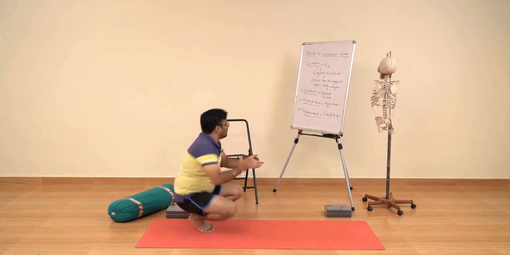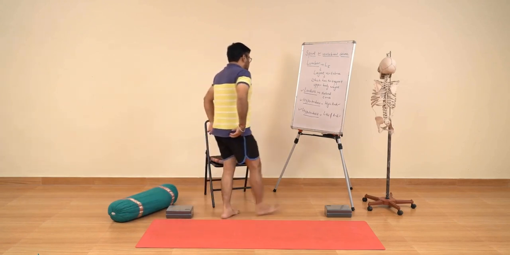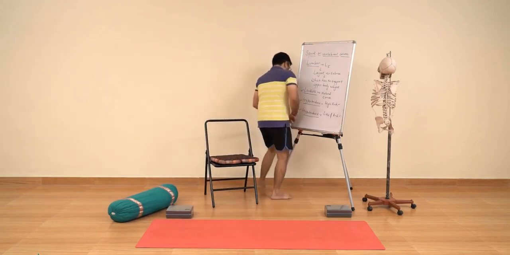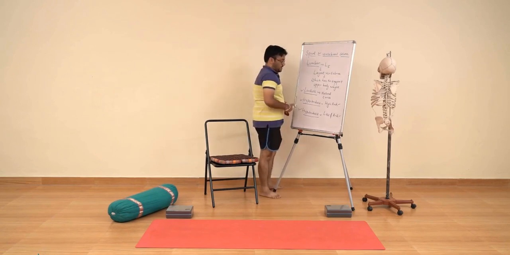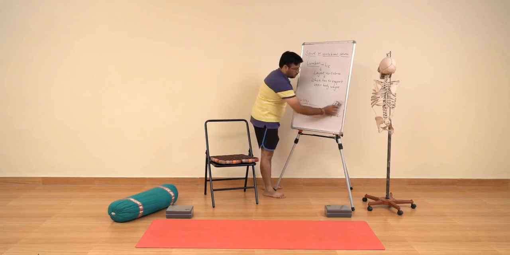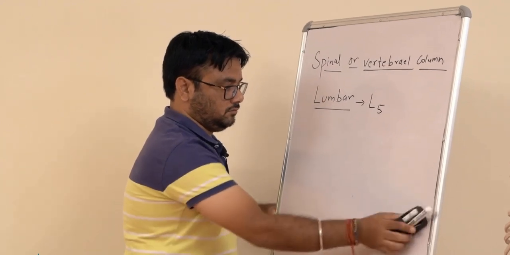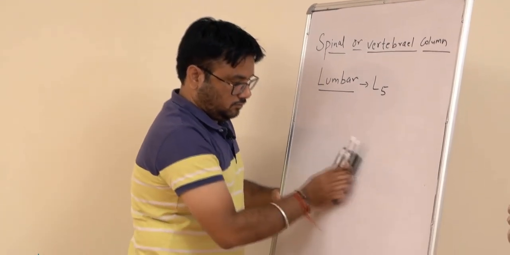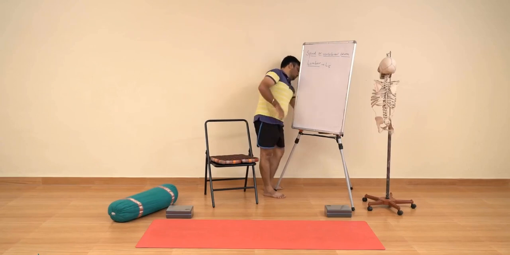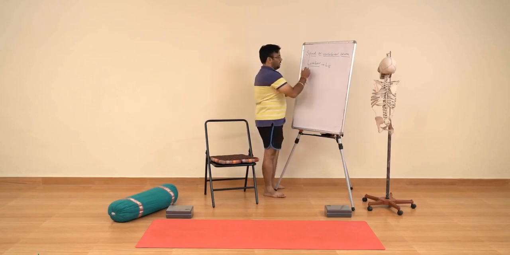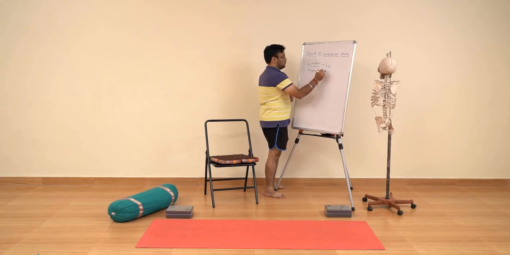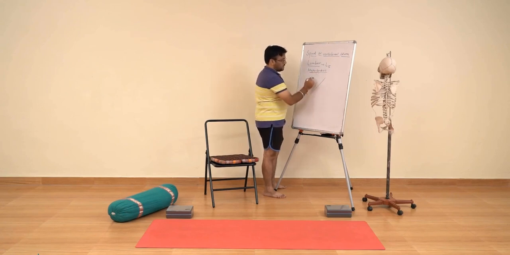So what we have to do after that in these arches, basically in relation to the high arch, so hyperlordosis, the muscle imbalances are there.